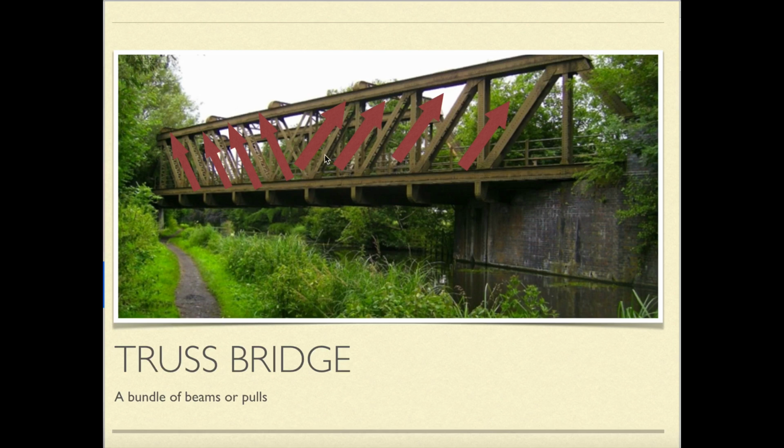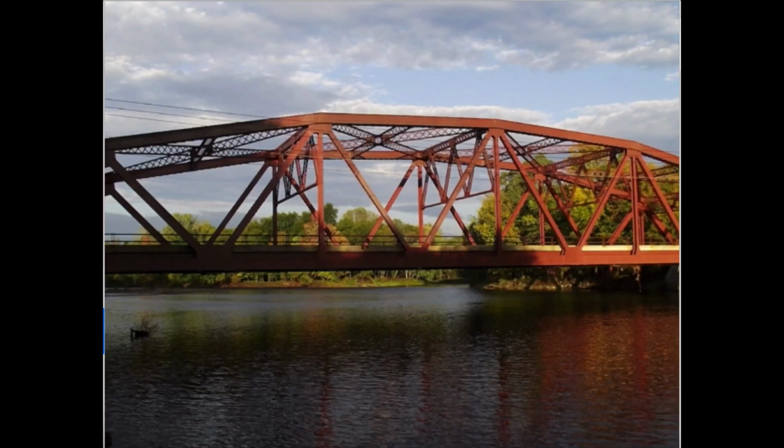So here are all the pushes to the right, and here are all the pushes to the left. They're pushing in opposite directions and keeping the bridge balanced. A good way to identify a truss bridge is to just look for the triangles. It's the triangles going in opposite directions to balance out our force.